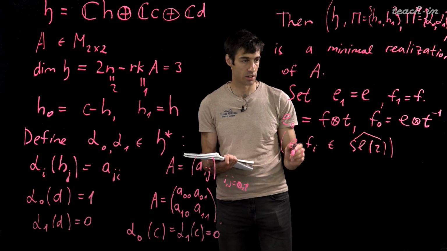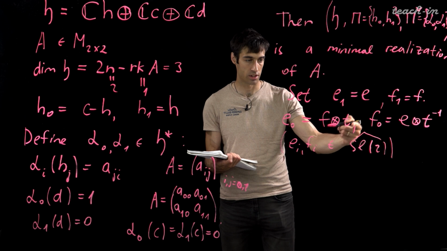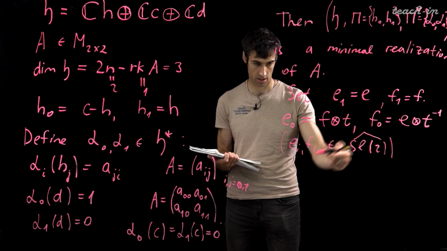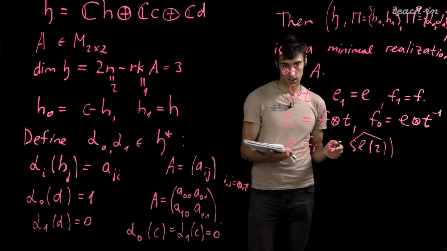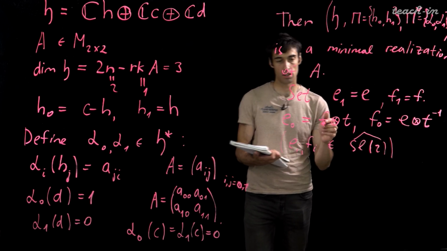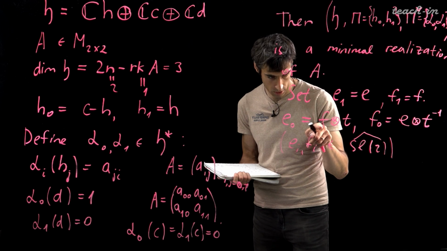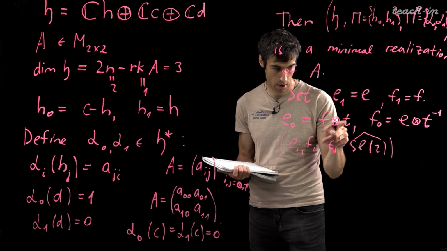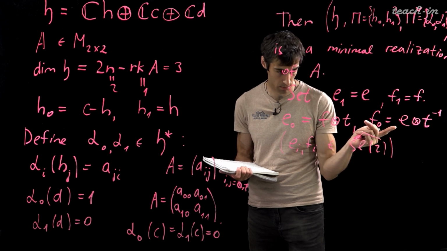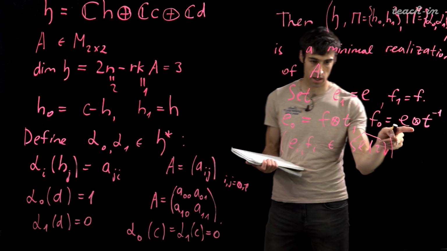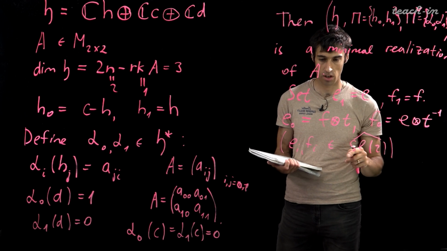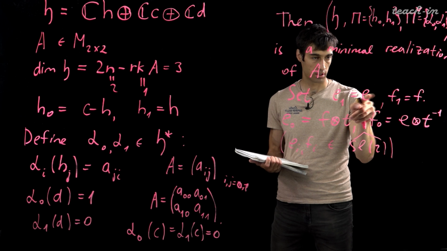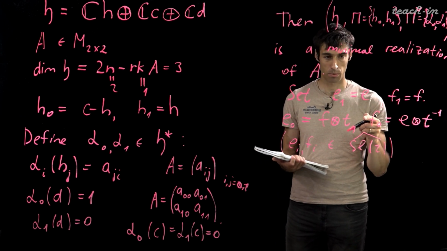So remember that SL2 hat was a central extension of a loop algebra, which is given by SL2 tensor Laurent polynomials in t, right? In the loop algebra, we have an element of the Lie algebra times some power of t, and this power may be negative. So this is clear why E0 and F0 are elements of SL2 hat. What about E1, F1? There's no tensor with a power.